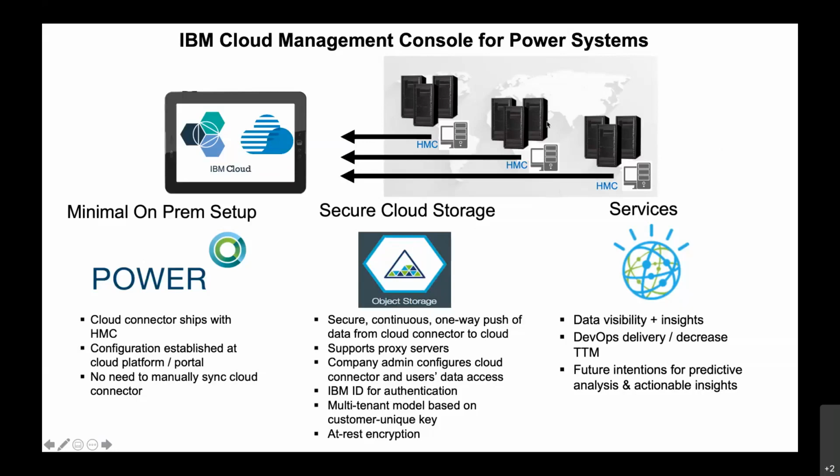You can point all your HMCs to CMC and look at all your infrastructure in one place, so that you can get better visibility into your infrastructure, and also gain insights into how your infrastructure is getting used. Is it getting underutilized? Is it getting overutilized? Is there a need for more machines to be bought? All of that can be gathered from a single place.